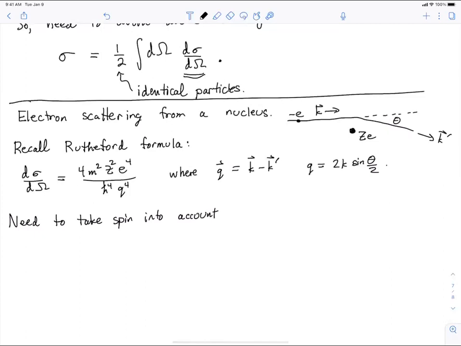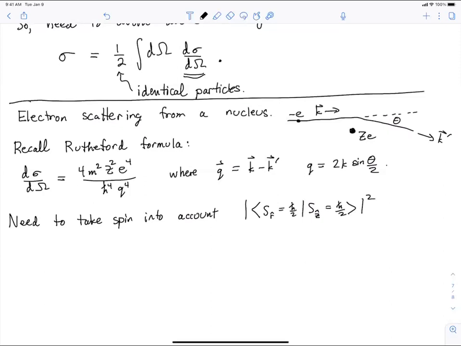And so when you do that, you need to include in the matrix element a factor that says if I measured the spin in the r hat direction of the scattered particle to be h bar over 2, that's got a non-unit overlap with the initial spin direction.